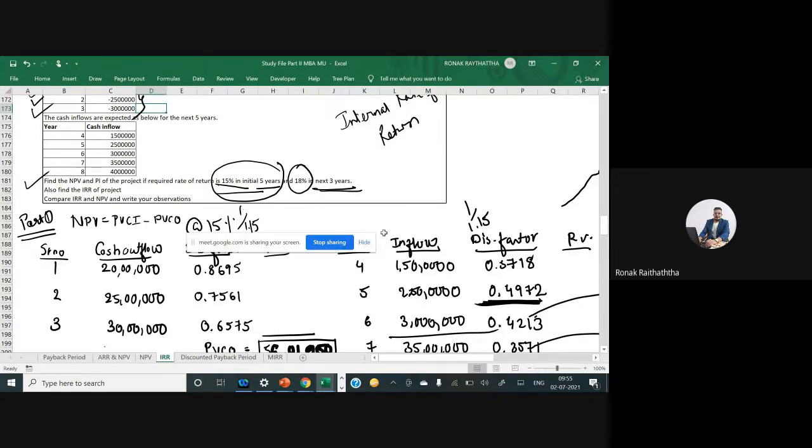But there were a few assumptions taken in the IRR. I'm going to clarify those assumptions today. Now, in this case, only the inflows and outflows are given to you, and you are supposed to find what is the exact rate of return you have got from that project. Now, I'll come to the assumptions, and based on the assumptions, we will go to the MIRR.